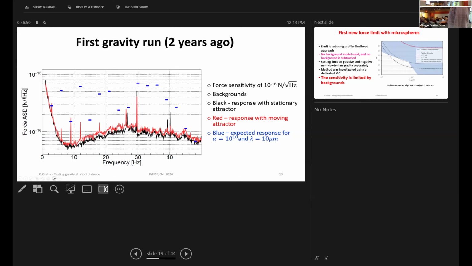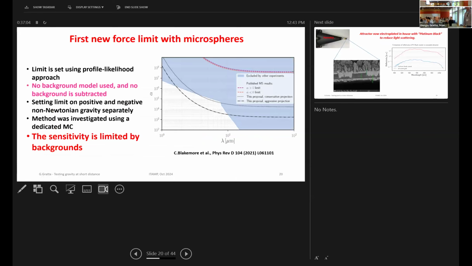Blue is what you expect for a certain amplitude of the Yukawa term, what you expect for a monopole force. You can see that those two don't match, so there is some background. It's not background free, and that will limit your reach. And so that's actually the reach. The bluish thing is limits from previous measurements done with torsion balances. And we were here, which is a couple of orders of magnitude from getting into the interesting regime.